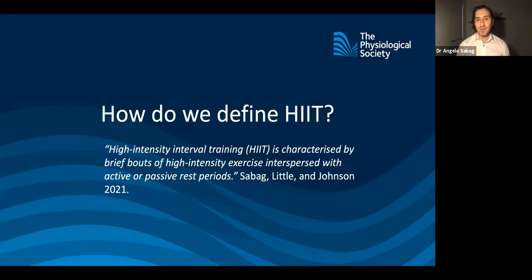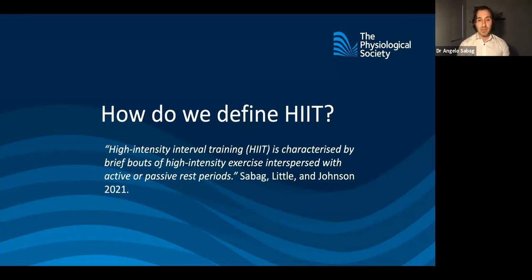Now, most of you have probably been to your local gym and you've seen various classes being advertised as high intensity interval training. And although these classes are high intensity in nature, the literature typically refers to high intensity interval training as aerobic based exercise.